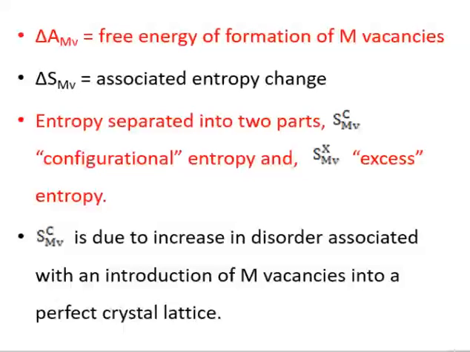That is, instead of using S mv, we can use S mv superscript C and S mv superscript X. The one carrying C stands for the configurational entropy. That is the entropy randomness that has to do with the configuration, the number or the arrangement of the molecules. And this X stands for the excess entropy.